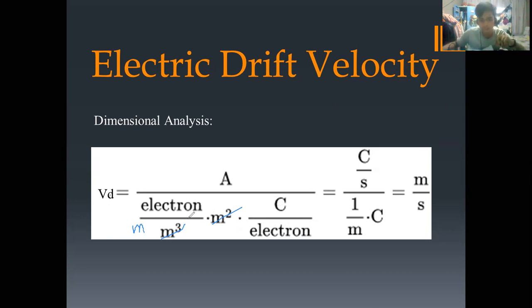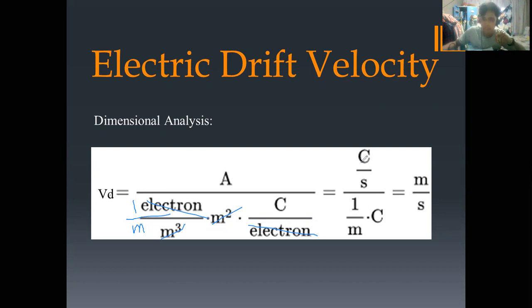Dito, pag minultiply naman natin electron over meter, magka-cancel tayo dito. Cancel natin electron, ang matitira dito, coulomb per meter. Ngayon, kaya nag-come up dito, 1 over meter multiply by coulomb.